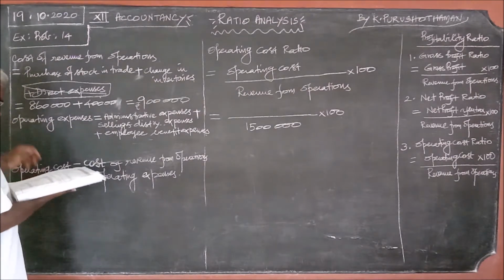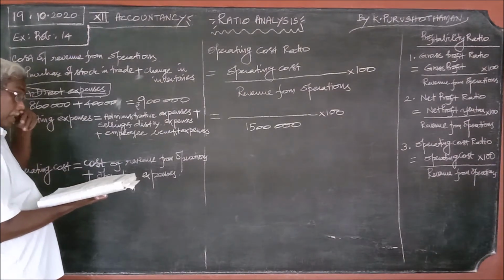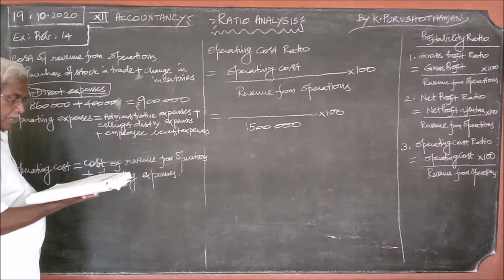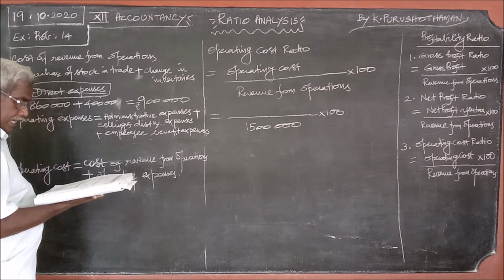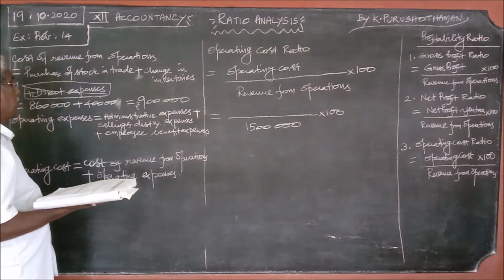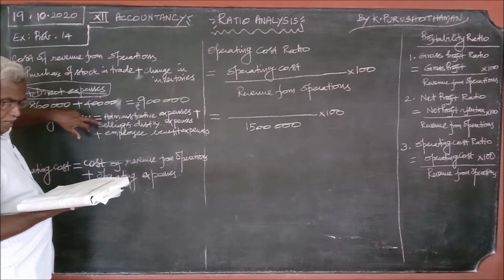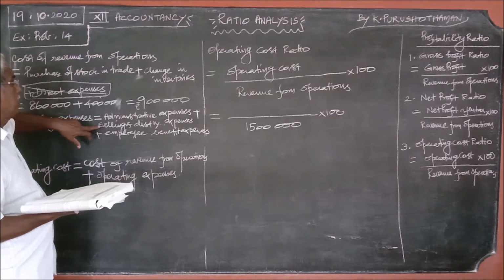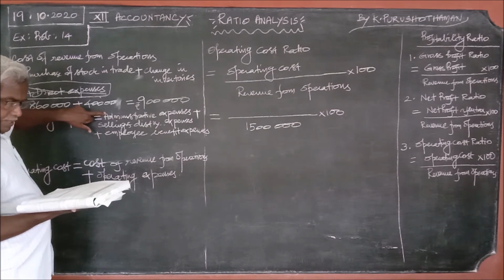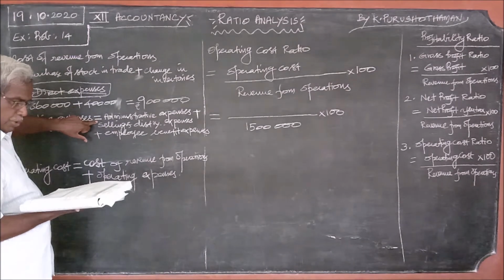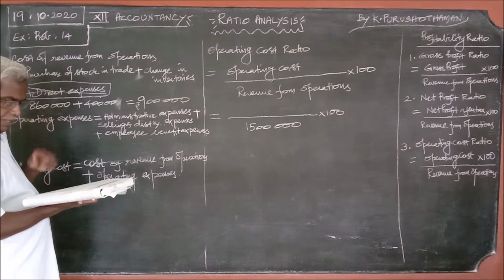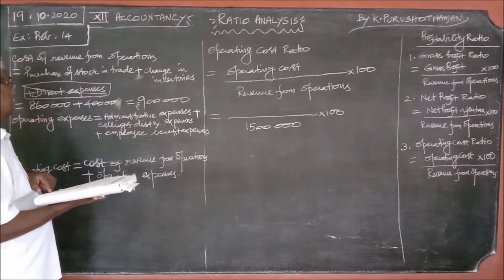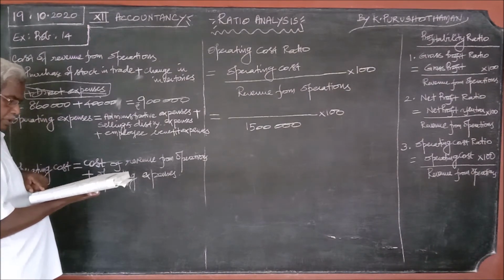For this other expenses, there is a footnote given in the problem. What does the other expenses include? Office and administrative expenses, selling and distribution expenses, and the third item, loss on sale of furniture. This should not be included.